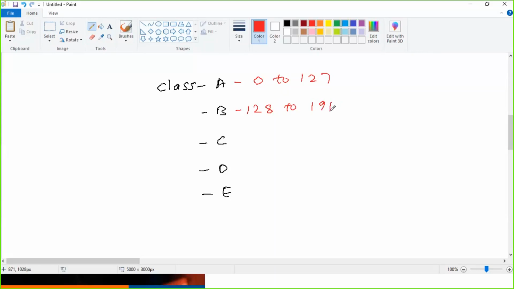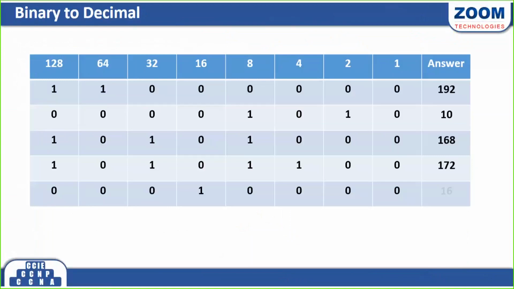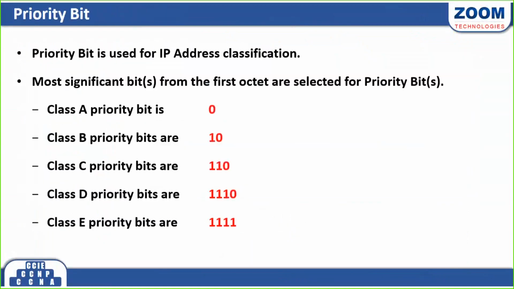Is all the classification done based upon priority bits? You can see this point about priority bits.